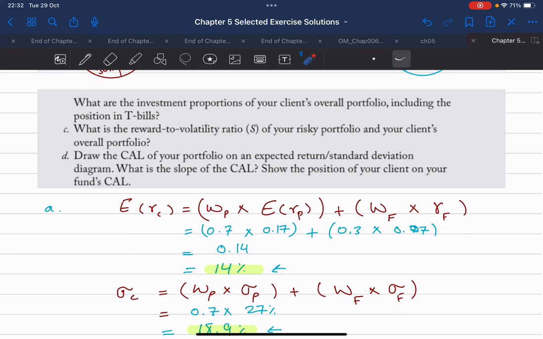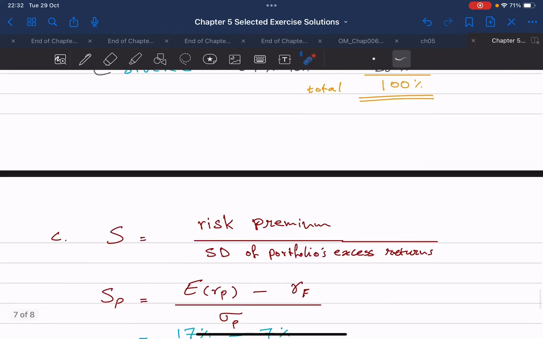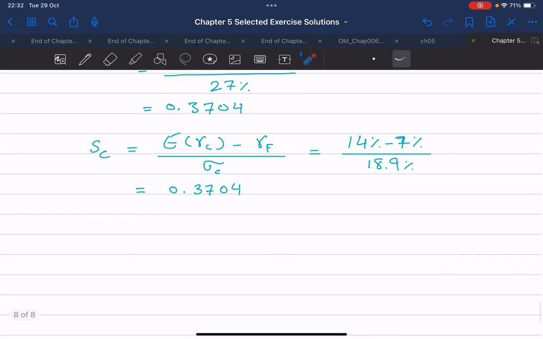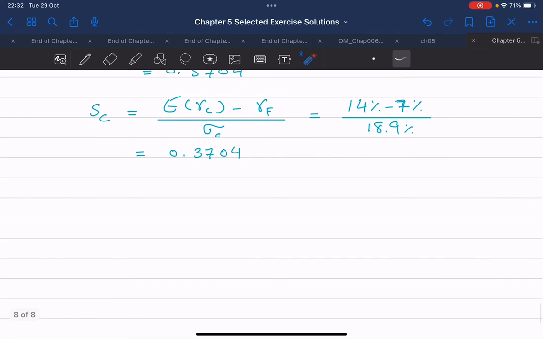Now the slope is already given because we figured out the slope in the previous stage. The slope is the Sharpe ratio, the reward to volatility. So the slope is going to be this, right? But let's just draw the diagram quickly.